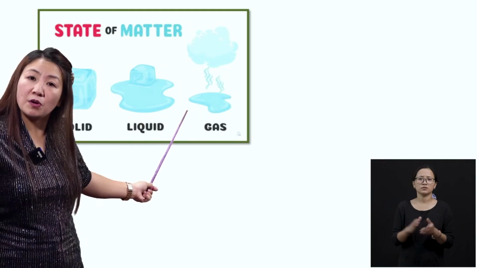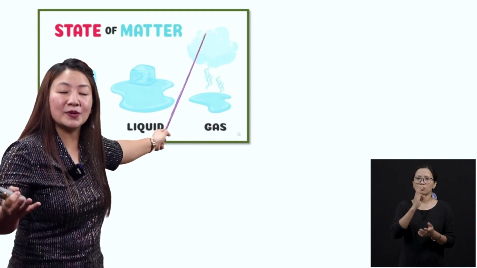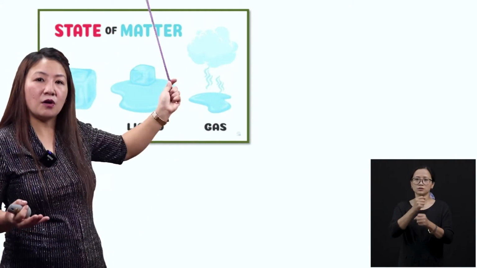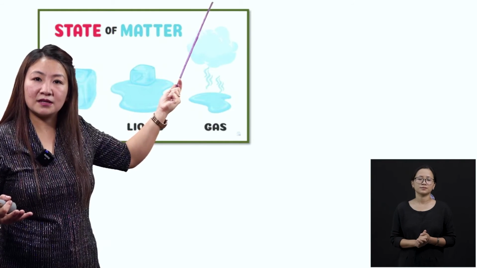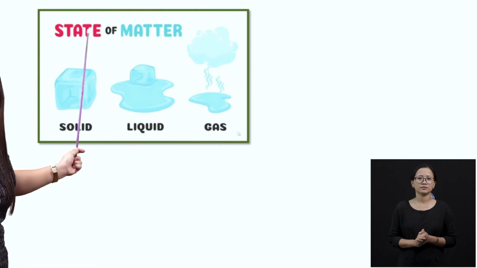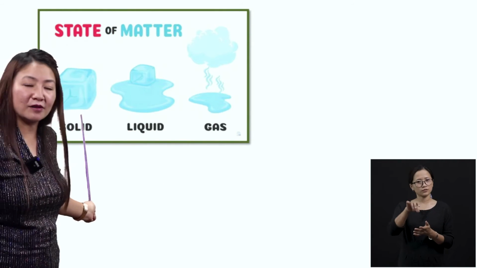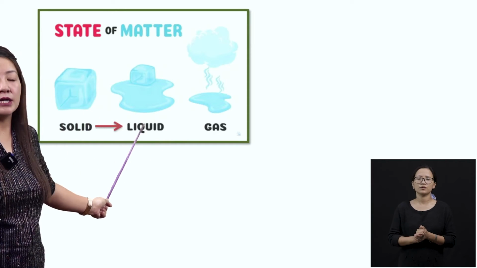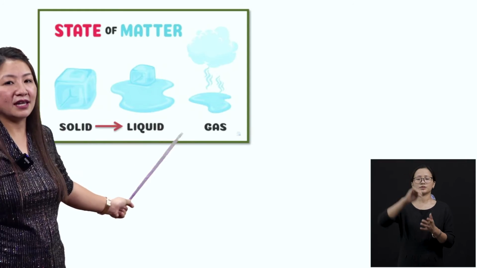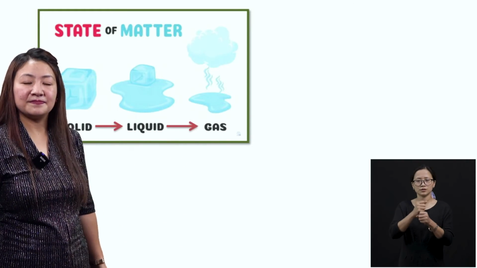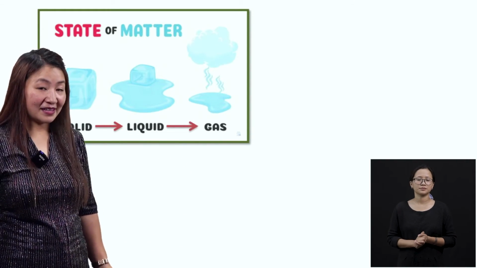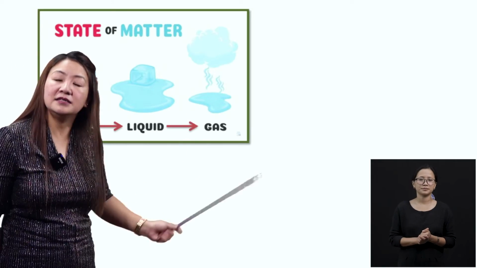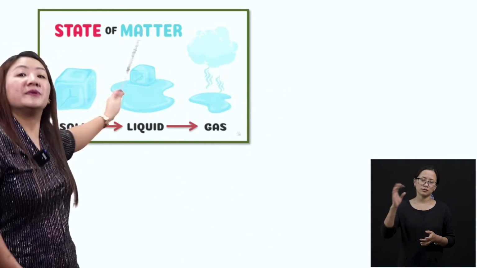Where has all the water gone? It has turned into gas and gone. Poof, disappeared. So water can be found in solid, liquid, and gas form. Solid on heating turns to liquid. Liquid on heating turns to gas. Interesting, isn't it?